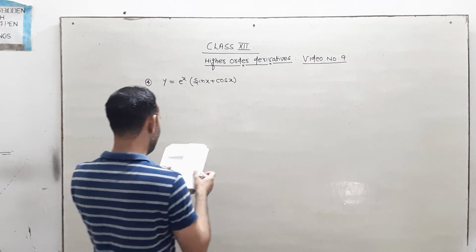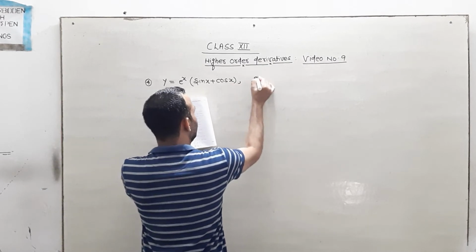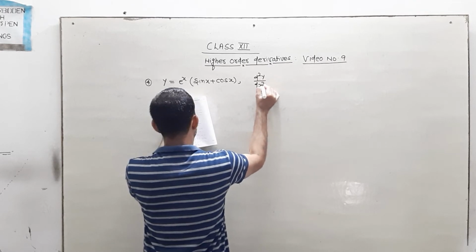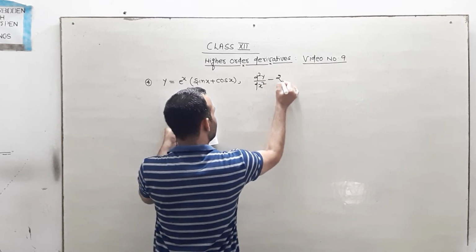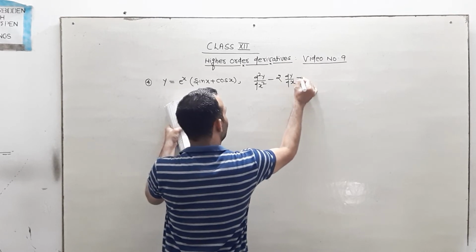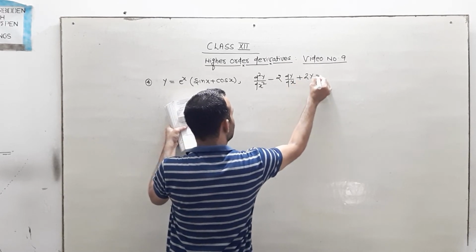Then prove that d square y over dx square minus 2 times dy over dx plus 2y is equal to 0.